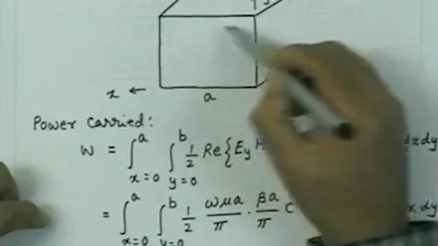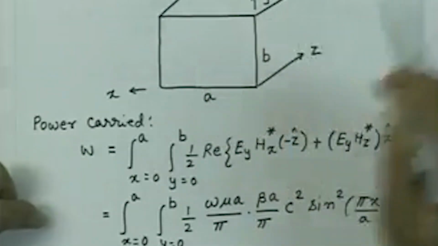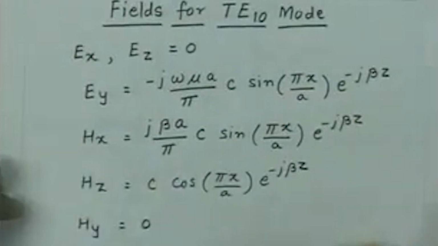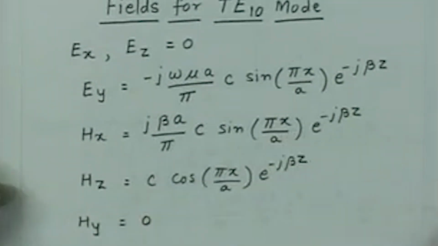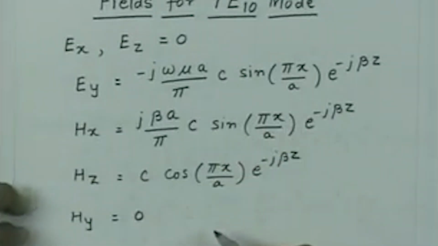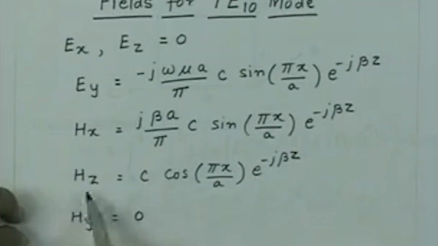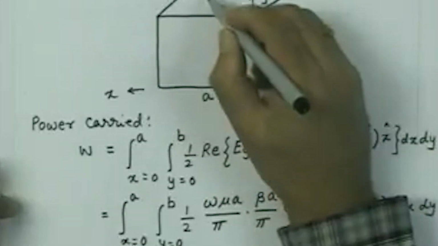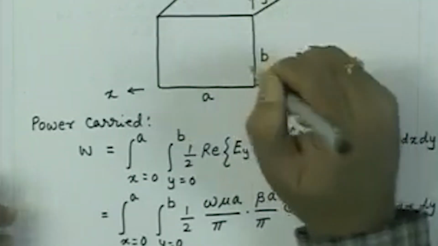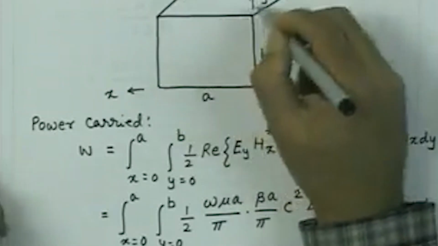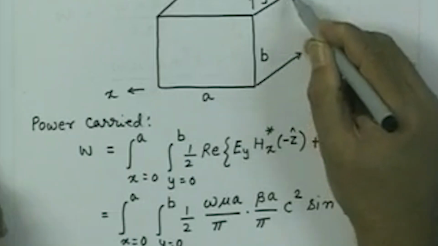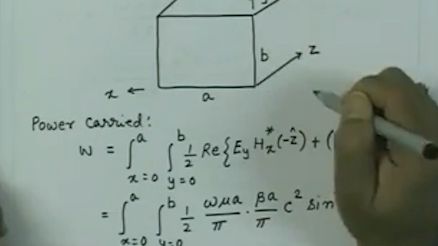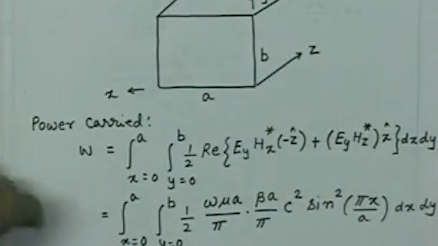However, if I go to this surface, then we have two components of the magnetic field, that is Hx also, which is non-zero at y equal to 0 and y equal to b, and we also have a Hz component which is given by that. So, if I look at the waveguide, I will have on this surface both the components of the current, which is x and z. However, if I go to this surface, I will have the current which will be only y oriented.